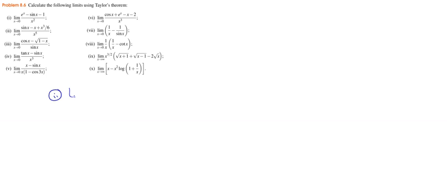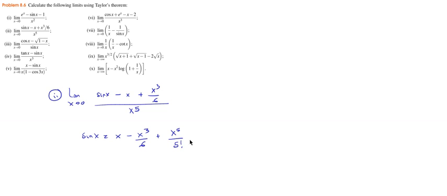Okay, let's see another one. The limit when x goes to 0 of the sine of x minus x plus x cubed divided by 6, all of that divided by x to the 5. Here again, the sine is x minus x cubed divided by 6 plus x to the 5 divided by 5 factorial, which is 120.